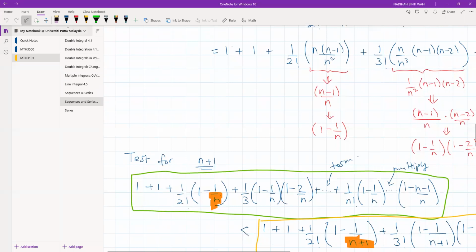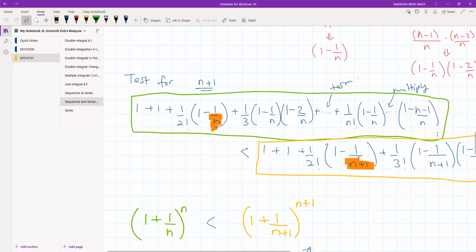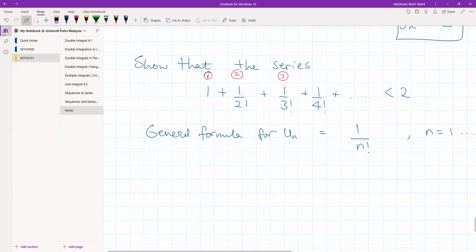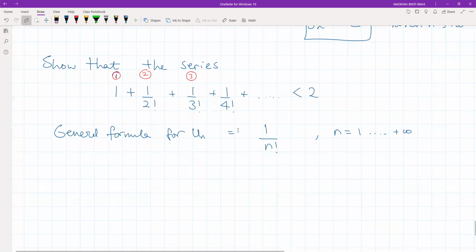Okay, so kalau dalam kes ni, saya bikin cepat sikit. Case series, if you remember, we have E. E apa dia? E is just the summation of k equals to 0.